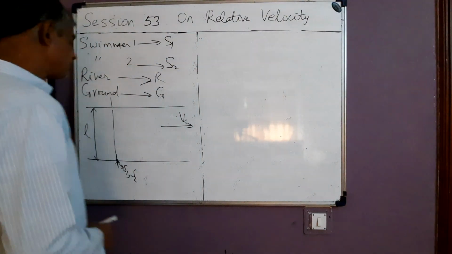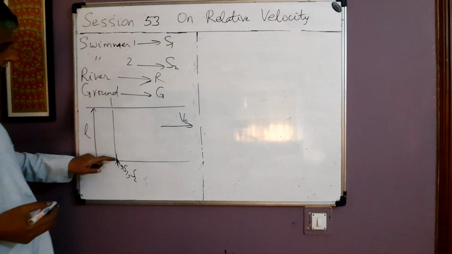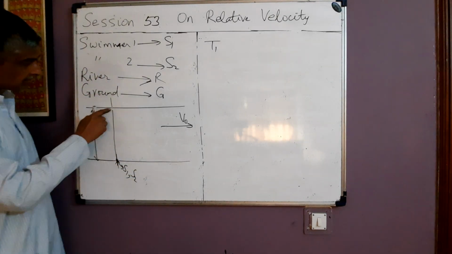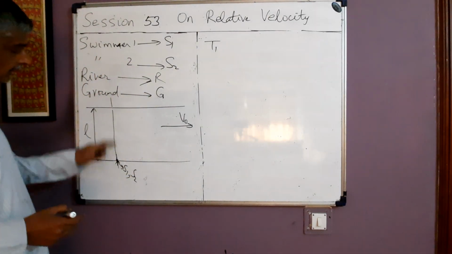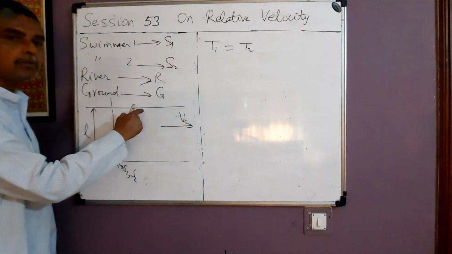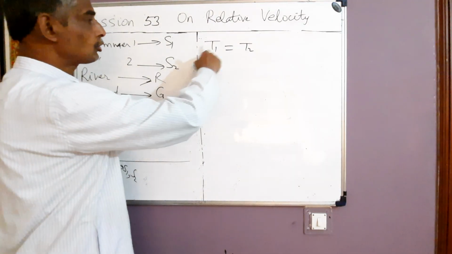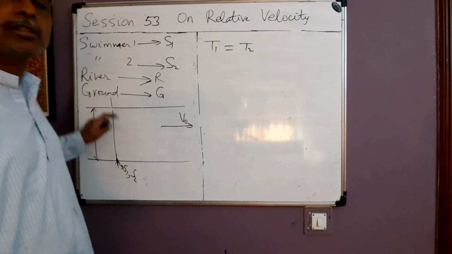Now the problem will be this. Suppose S1 takes T1 time to go from here to here, and S2 also reaches the same destination at the same instant. So the total time taken by swimmer S1 to cross the river is the same as the total time taken by swimmer S2 to swim across the river in minimum time and walk the distance to reach the destination, because they start from the same instant and reach the final destination at the same moment.